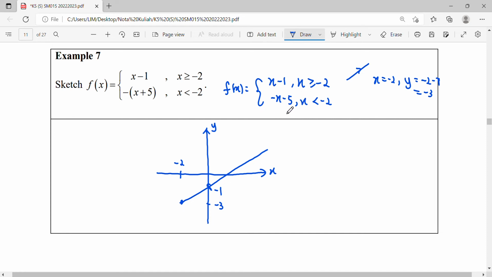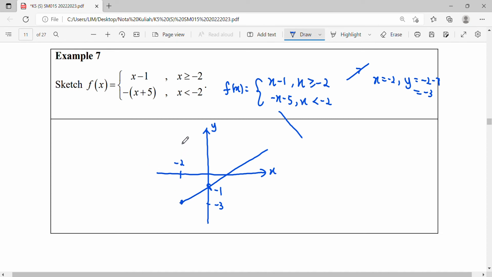Now continue to the left-hand side, where x is less than -2. When x is less than -2, it's also a straight line, linear, with negative gradient. So it's a line that goes down. When I draw the line going down here, how far do we want it to go down?